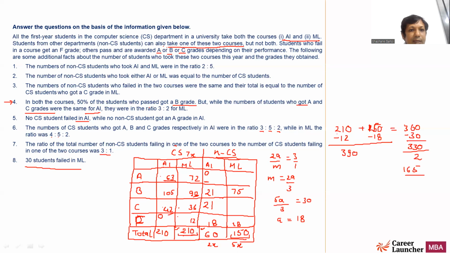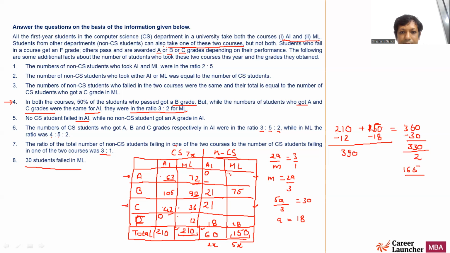Now it is saying that their ratio is 3:2 in ML, means A plus C. This ratio for ML is 3:2. Okay. So let's say this is 150, this is 75. So remaining is 75. Out of 75, 18 people are failing. So this plus this comes out to be 57. Okay.